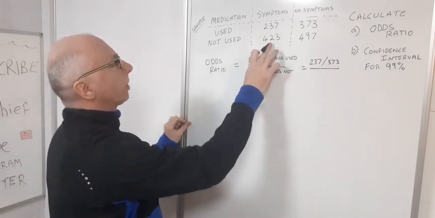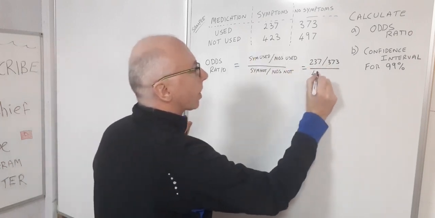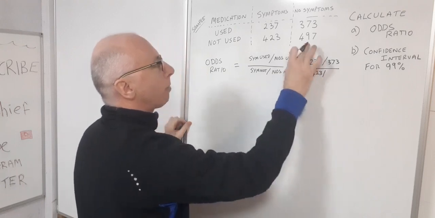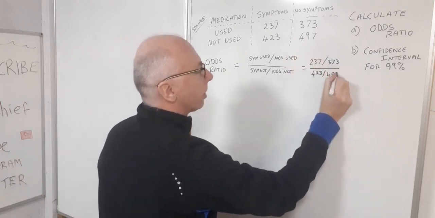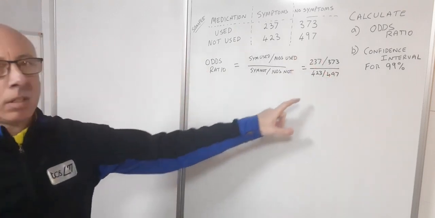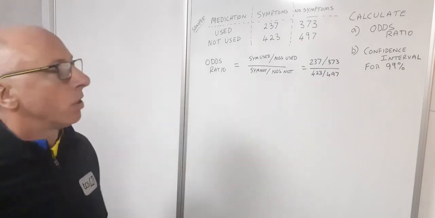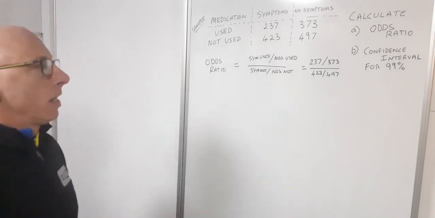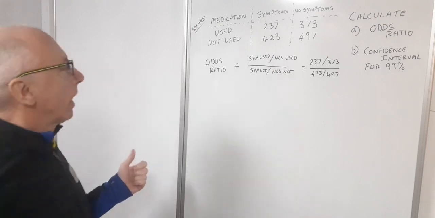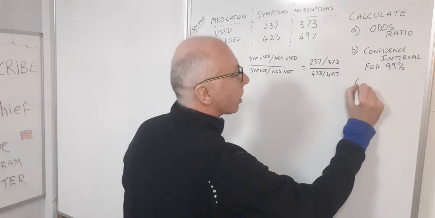Symptoms not is 423, divided by 497. Again, this is about 0.8. So we're looking at around about 2/3 divided by 0.8. Plug that into our calculator and we get our odds ratio.